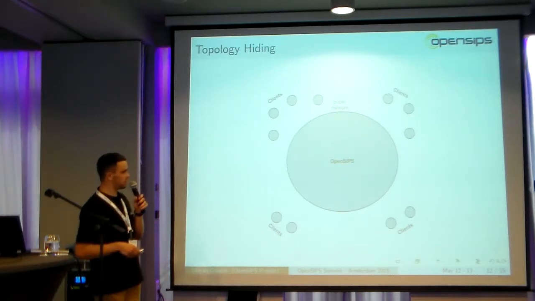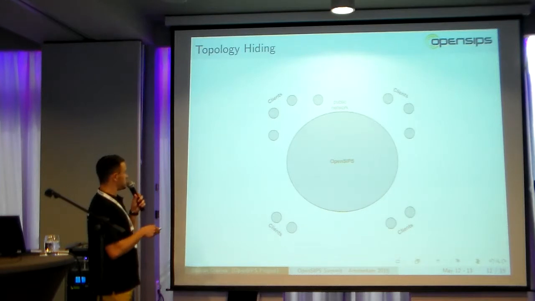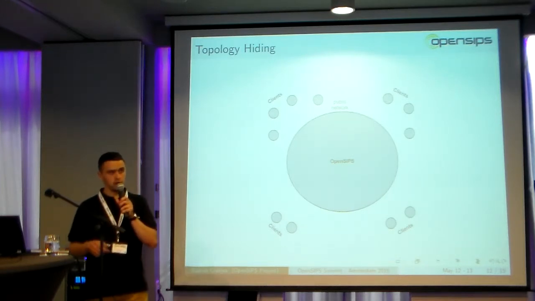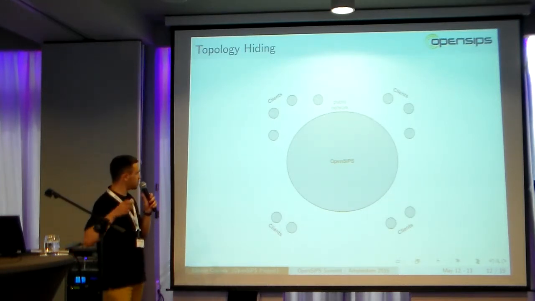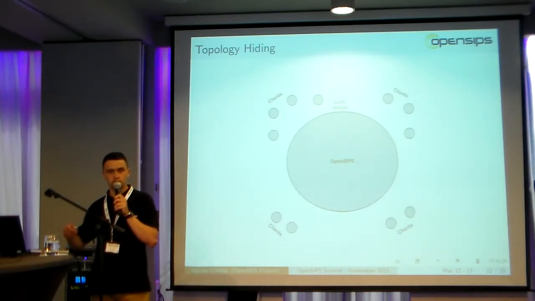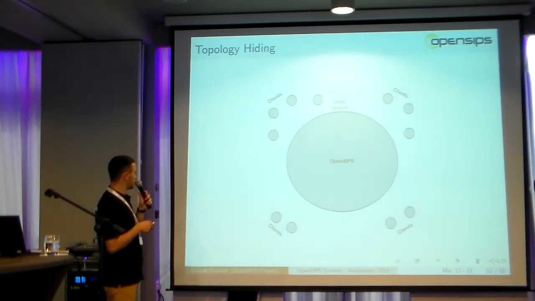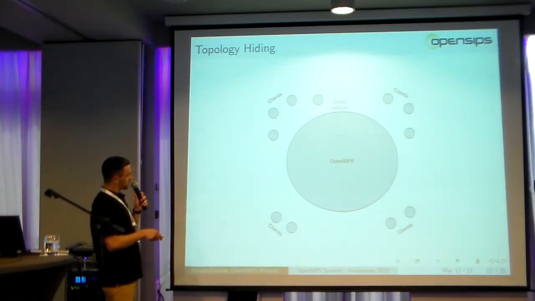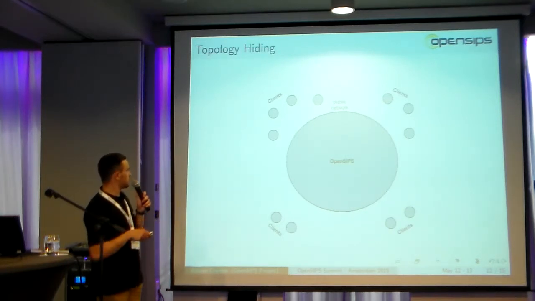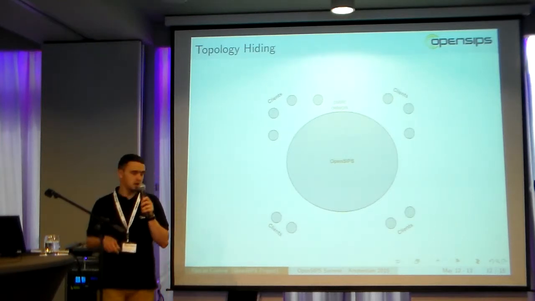So basically, the topology hiding ensures that the client only sees you. It abstracts the entire network behind a single entity, so that you'll be a single UAC in dialogue with the client. Similarly, this client will only see you. So basically, the entire platform is just a single node that will act as a more or less back-to-back user agent.